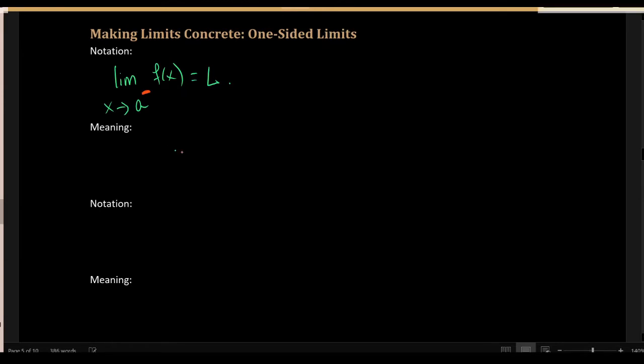We would read this out loud as saying the limit as x approaches a from the left.